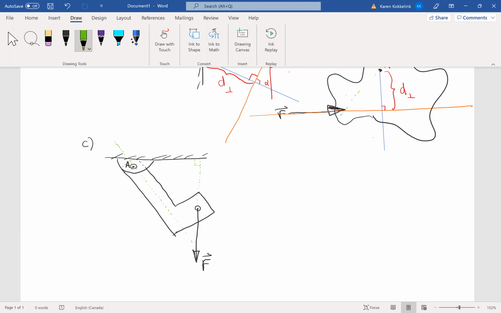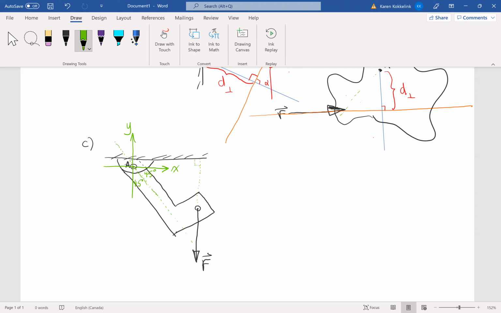In questions where something's being pulled down by gravity, it's smart to make your XY axis align with gravity. So the Y axis aligns with gravity here. This could be X, this could be Y. And let's say I give you this angle in here. So this device is sitting at a 45-degree angle before it has this force applied to it. So in this case, we would assume that the rotation is going to be clockwise.